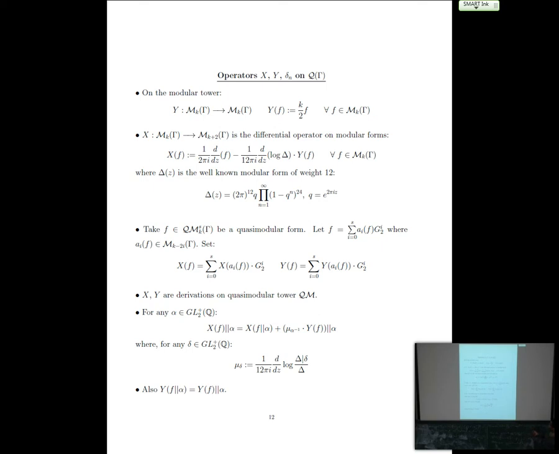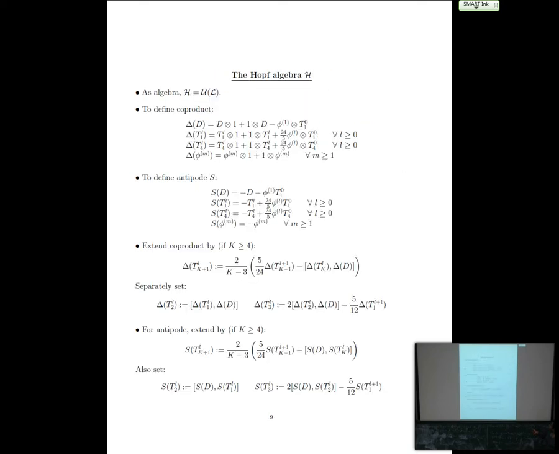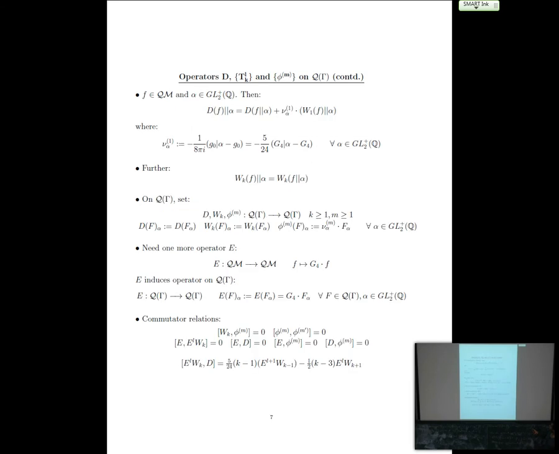Because as you can see, you look at this formula, X f alpha: here they consider the derivation X and then consider its interaction with the bar operator. You have this formula, and this is supposed to be the parallel of, where is it? This is supposed to be the parallel of this.